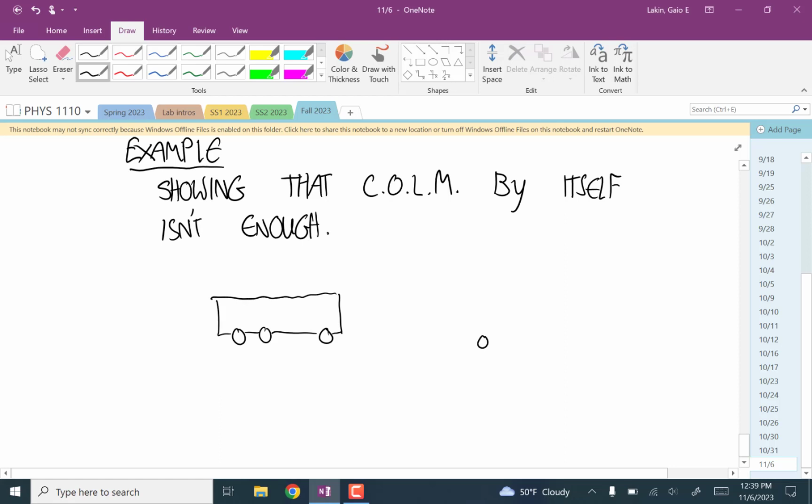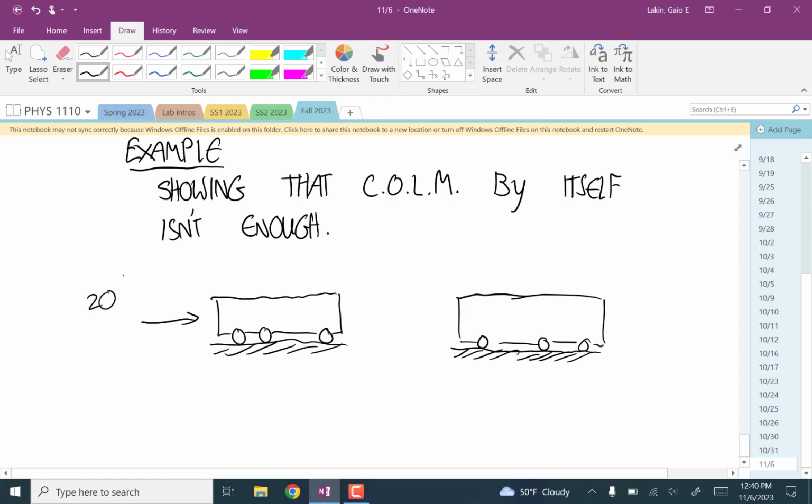Maybe that's a bus, I don't know. And let's say this one's going this way along the tracks at 20 meters per second. And this one's going this way along the tracks at 10 meters per second. And this one's 5,000 kilograms. And this one's 10,000 kilograms.